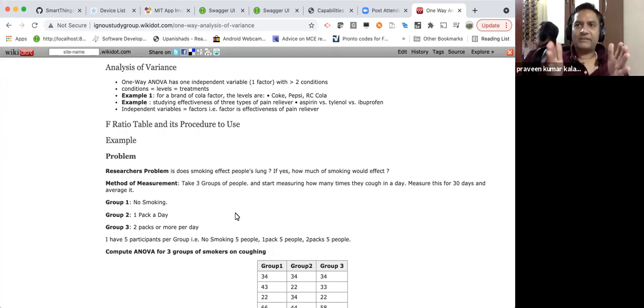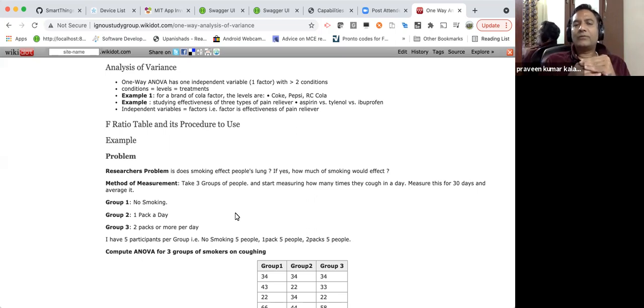This is the basis for the entire ANOVA. You calculate the variance, and based on its level, you determine whether your null hypothesis can be rejected, or you just have to accept it.